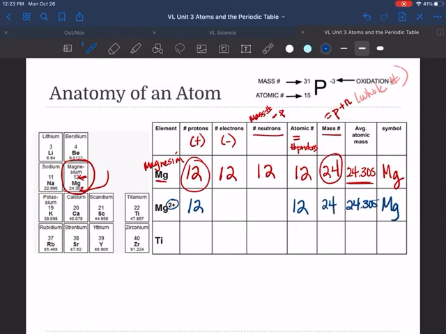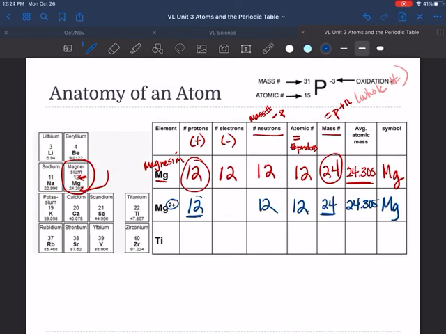But now we're dealing with an electrical charge. We're dealing with electrons. Can we figure out the neutrons? Yes. 24 minus 12 gives me 12, right? 24 is the mass minus 12 protons gives me 12 neutrons, right? Mass number minus protons.